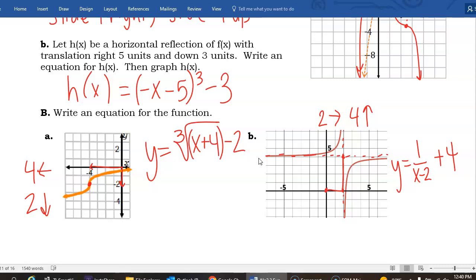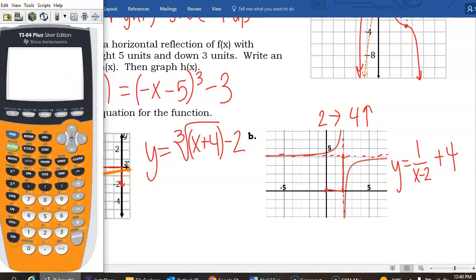Okay. I do have my calculator here just because I want to check my equations, see how good they look. So I have the cube root special function built in there, the cube root of x plus 4 take away 2. Oops, I'm not used to this one. I gotta use the arrow to get out.